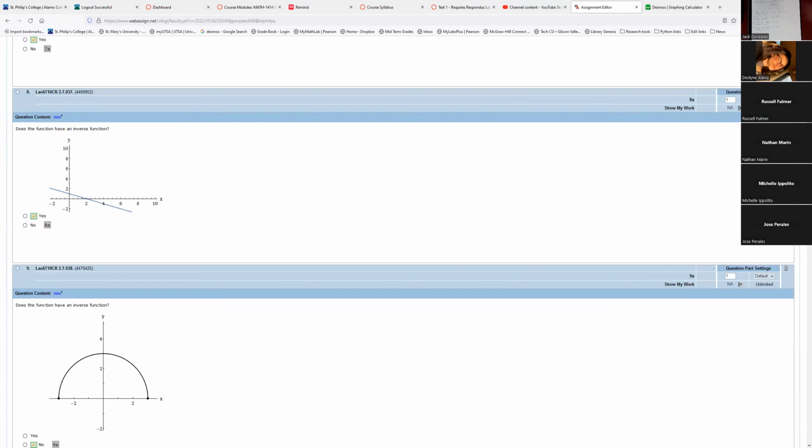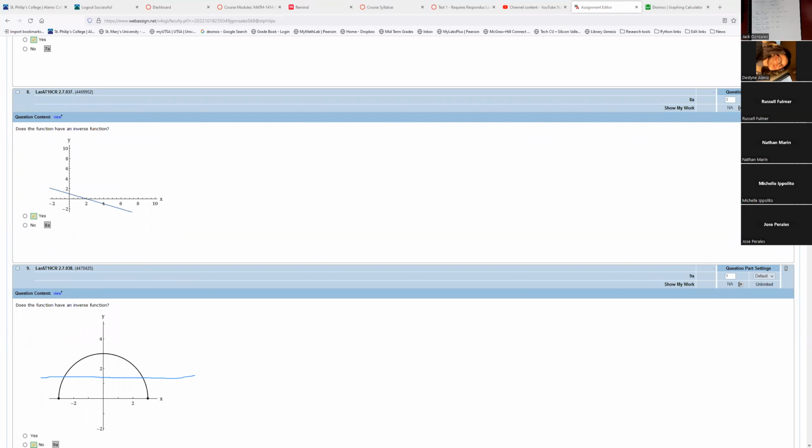So if you draw horizontal lines, right? It'll only hit the line one time, but over here it hits twice.